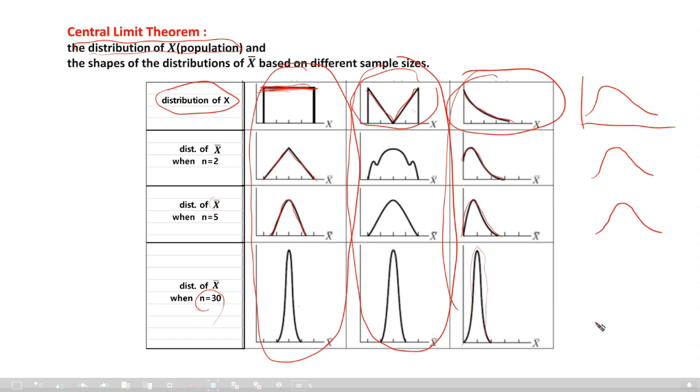With n equal to 30, it is just a normal distribution, like this. The shape of the distribution will change depending on the size of the sample. This diagram shows how the central limit theorem can be explained. I think this kind of result comes from simulation.